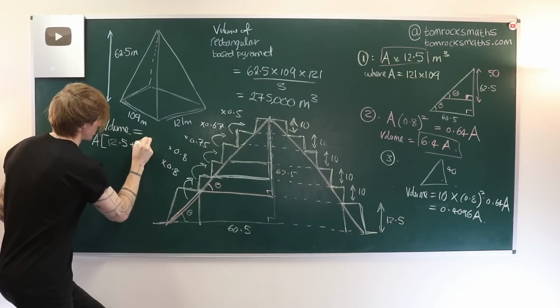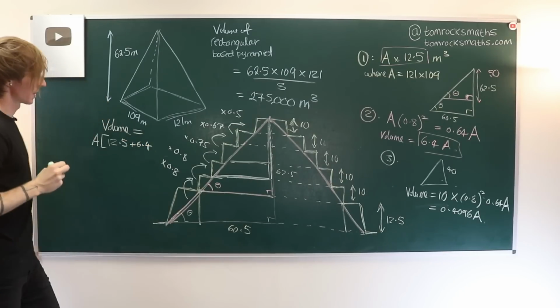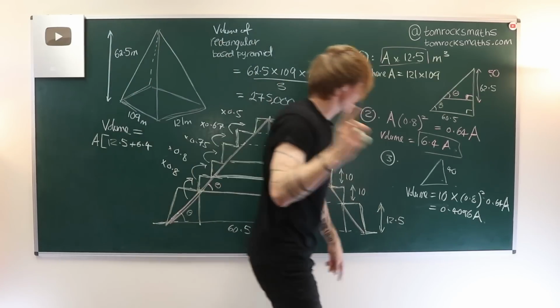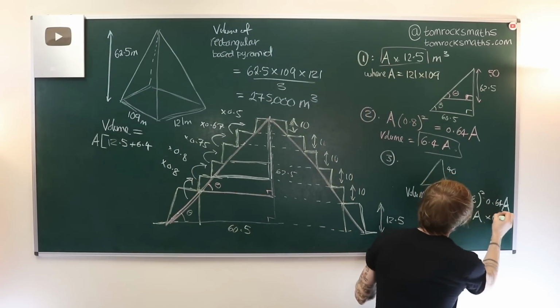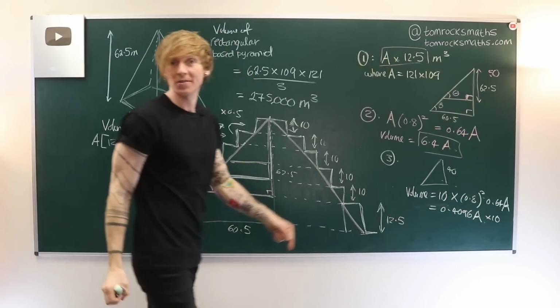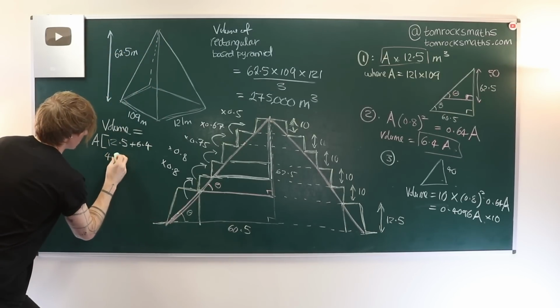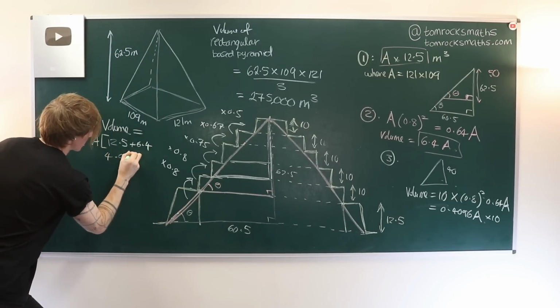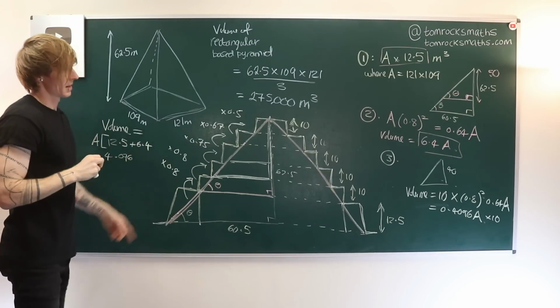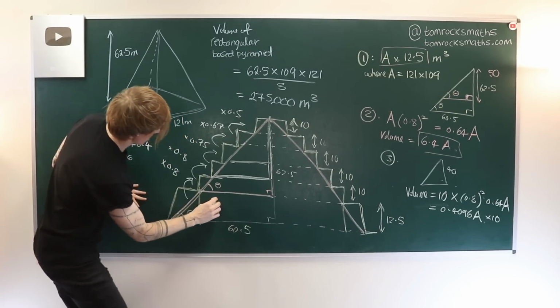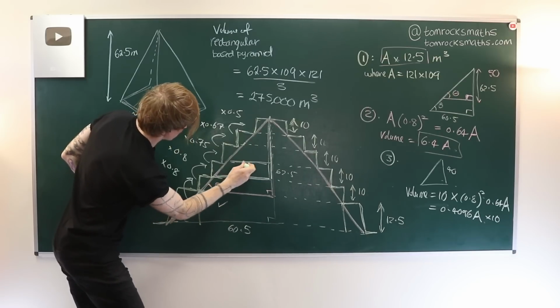So plus 6.4. Then for the next one we had, when we multiply by 10, I forgot to do that, we're going to get 4.096a.